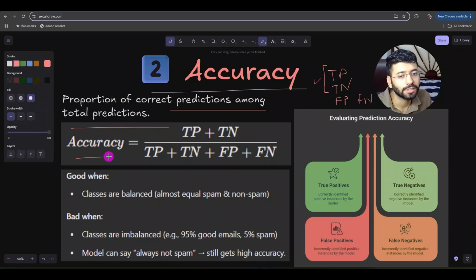So true positive and true negatives are the correct predictions. So what will be accuracy? Accuracy will be true positive plus true negative, that is all the correct things that we predicted, divided by total, which would be true positive plus true negative plus false positive plus false negative.